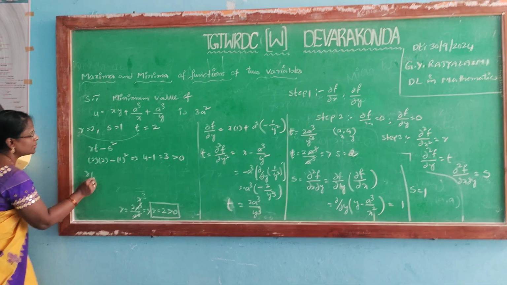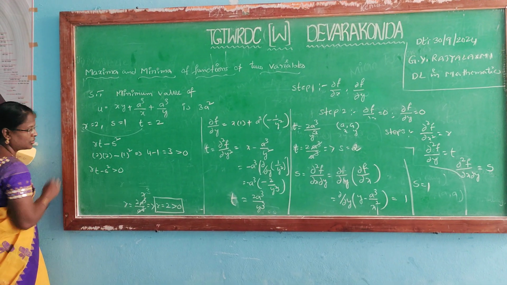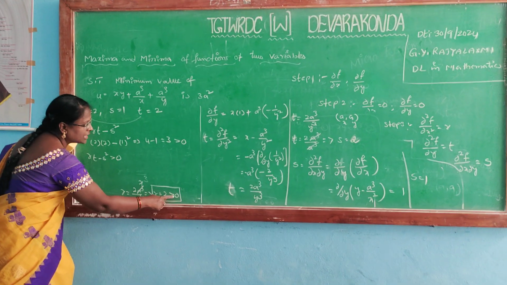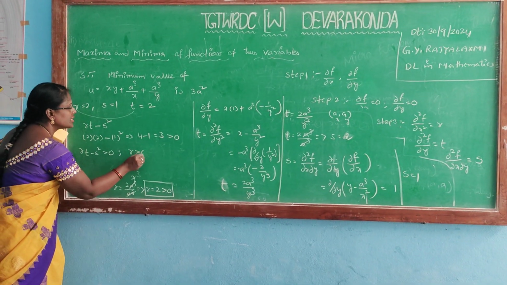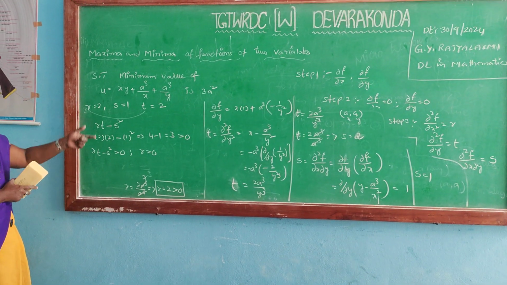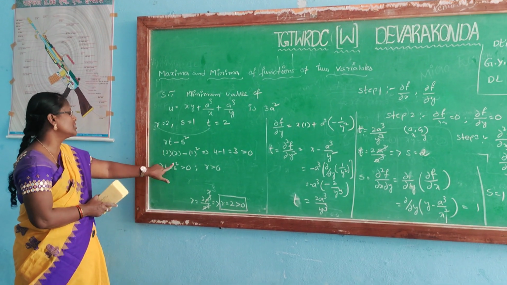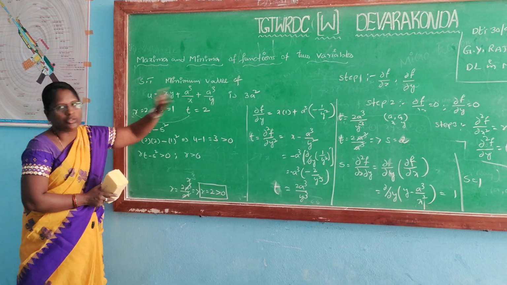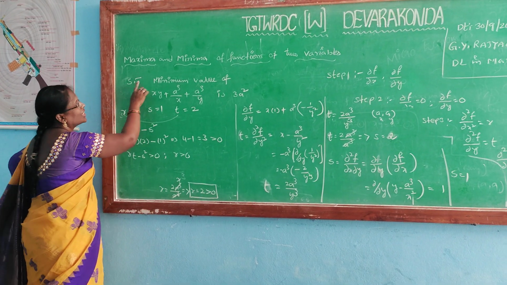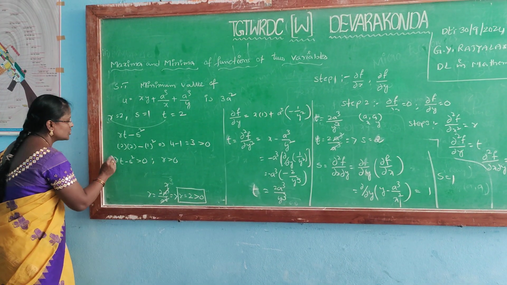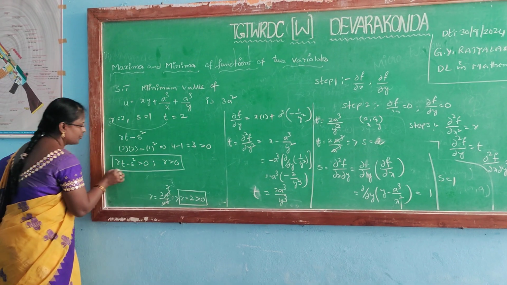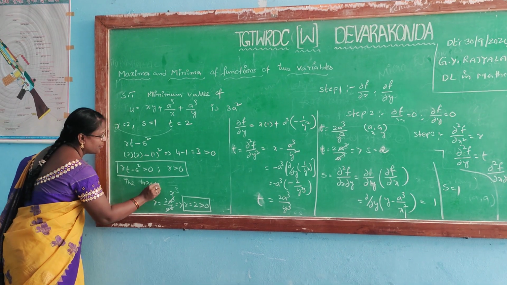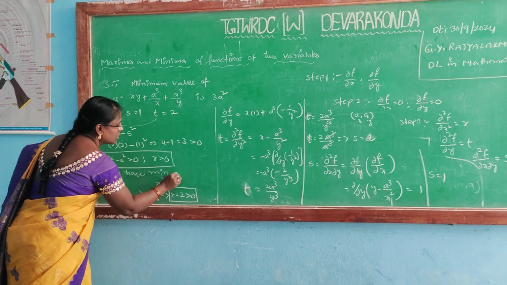So rt minus s² is greater than 0, and r is 2, greater than 0. In the step 4 condition, if rt minus s² is greater than 0 and r is greater than 0, the function has a minimum value. So hence the function has a minimum value.